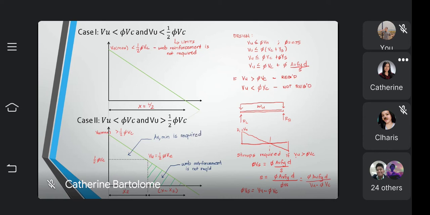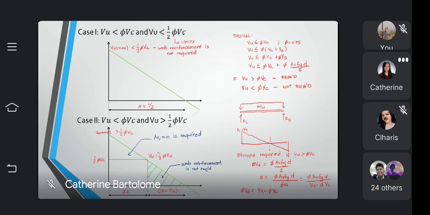Okay? So kung ganito yung beam nyo, dito lang kayo sa at x2 distance, dun lang kayo maglalagay ng minimum area of reinforcement, but from x minus x2 distance, hindi na kailangan ng reinforcement.